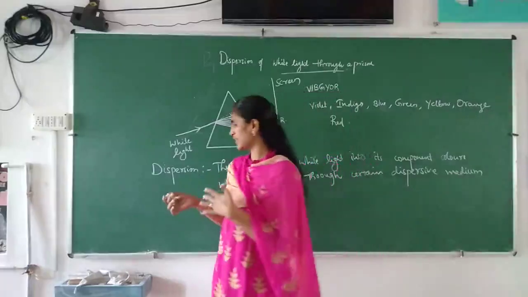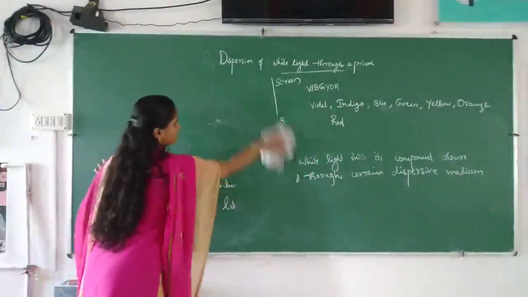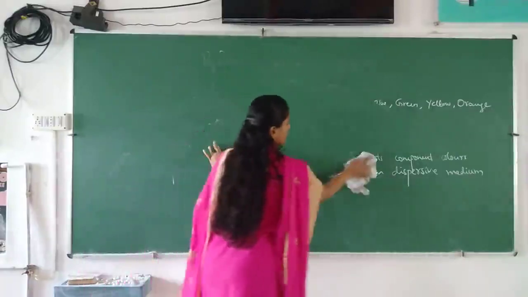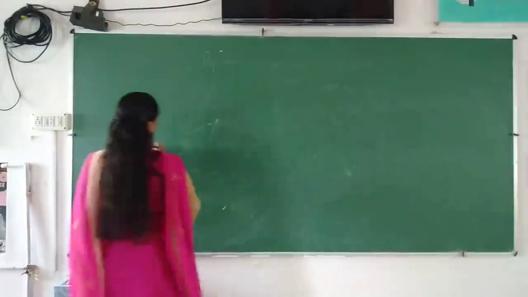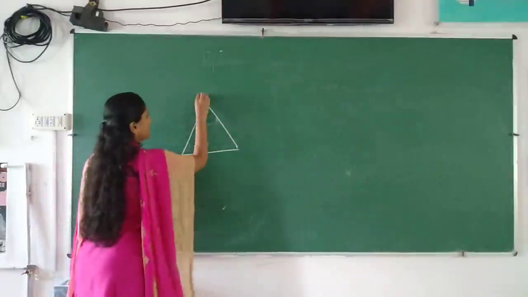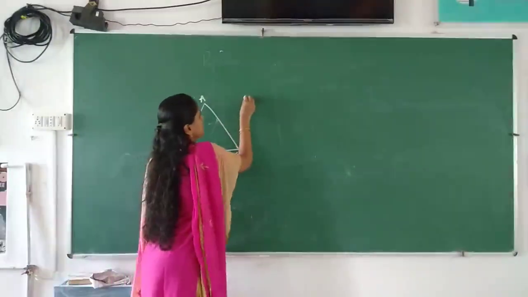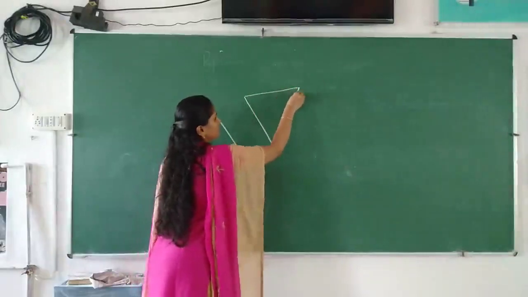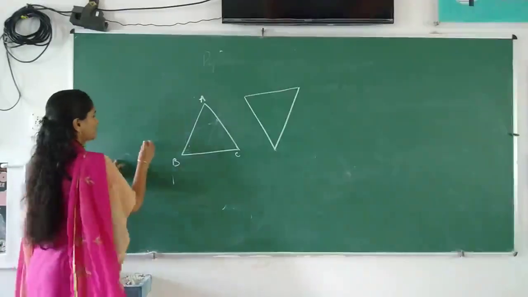So Isaac Newton did an experiment. What he did is that he took two prisms. One kept like this, and another prism he kept up and down. And he allowed white light to pass.